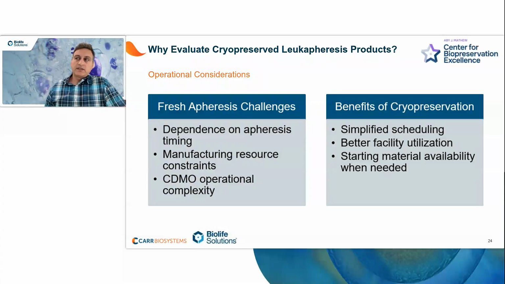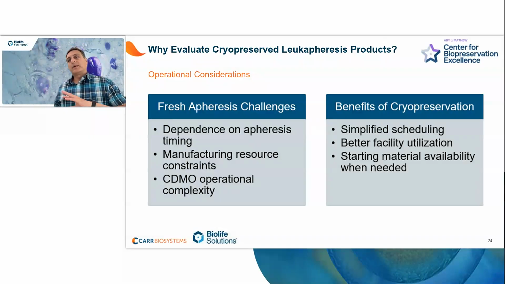And particularly in the case of allogeneic products, using available starting material cryopreserved when needed, as needed. So it's all about utilization, scheduling, and flexibility. So we know all the advantages of that.